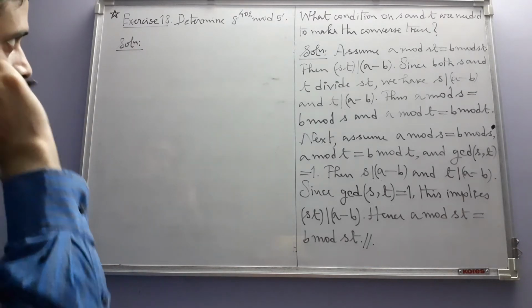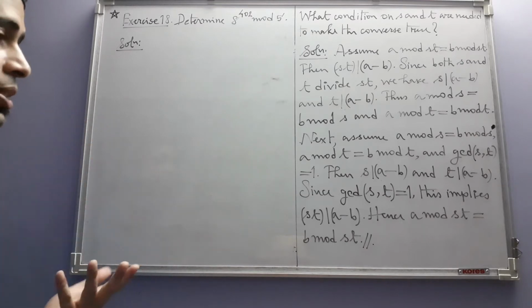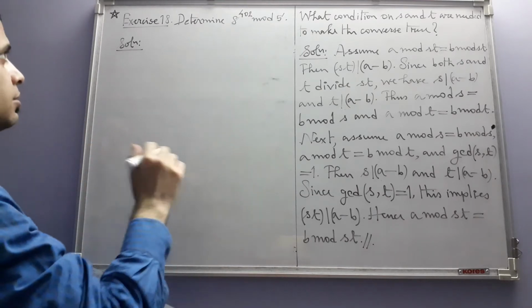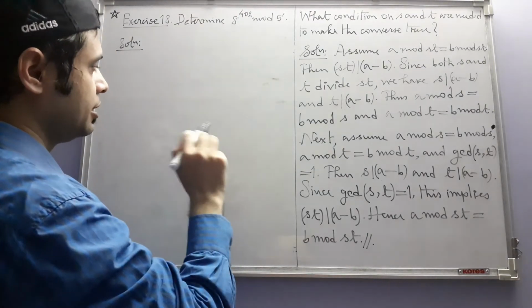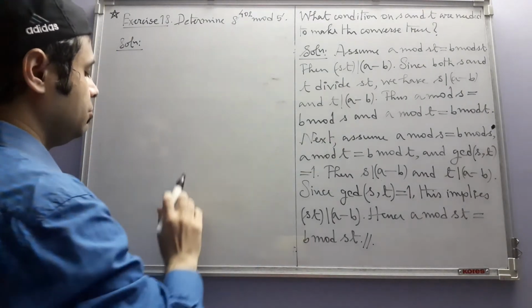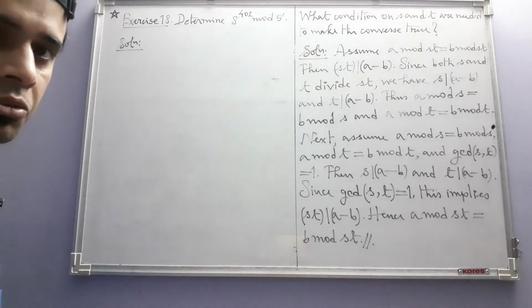Okay, 8 is congruent to... again I am saying congruent because Gallian doesn't say anything about congruence, only remainders. We know that 8 mod 5 is equal to 3 mod 5.